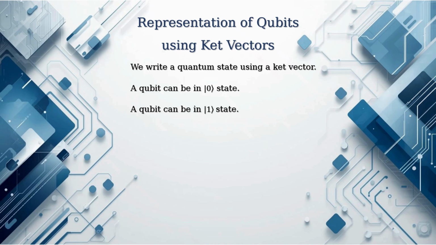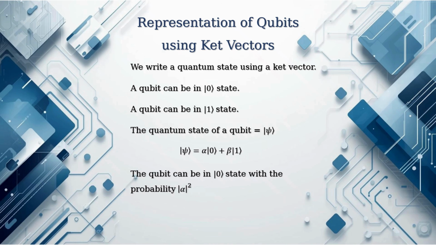And when the qubit is in a quantum state ψ, we say that the qubit can be in the state |0⟩ with the probability |α|², and it can be in the state |1⟩ with the probability |β|², where α and β are complex numbers.